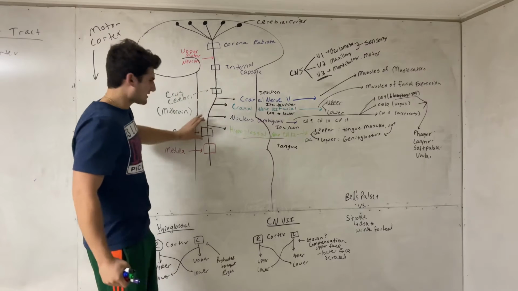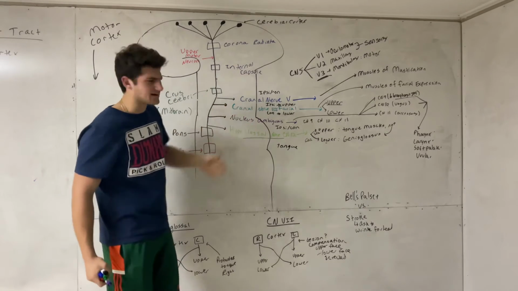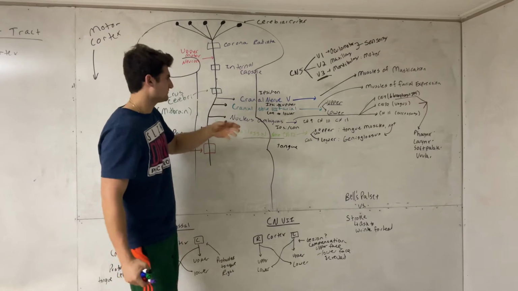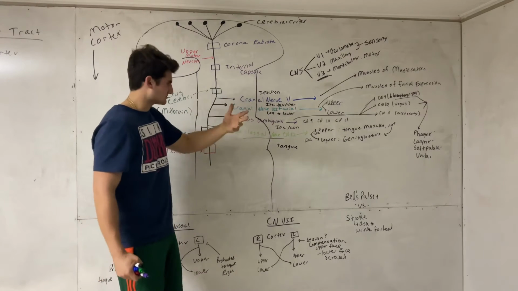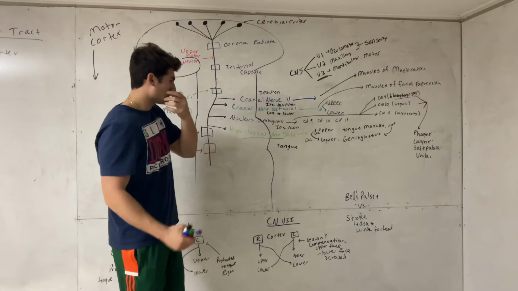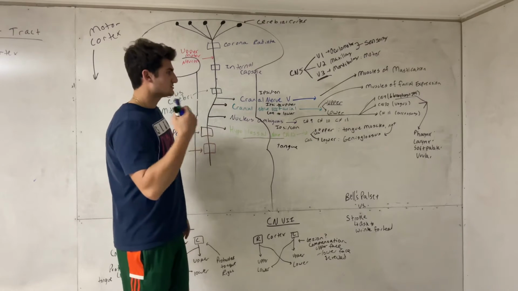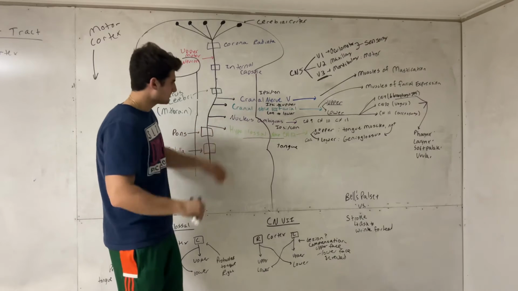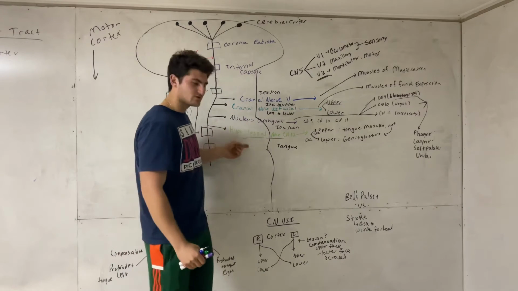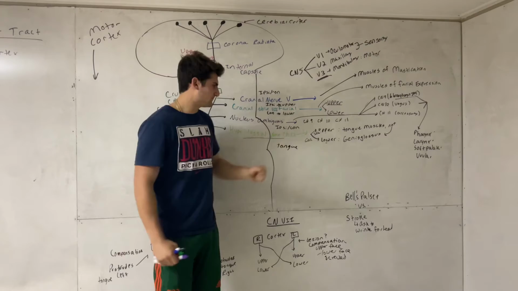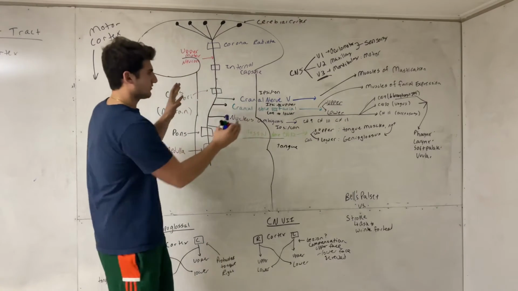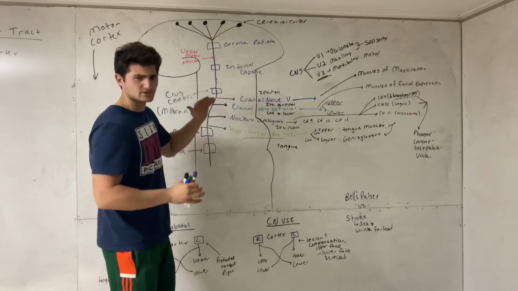From the midbrain down through the pons, it branches out into cranial nerve 5, which is the trigeminal nerve, cranial nerve 7, which is the facial nerve, nucleus ambiguus, which is cranial nerves 9, 10, and 11, glossopharyngeal, vagus, and accessory, and finally into the hypoglossal nerve, cranial nerve 12.